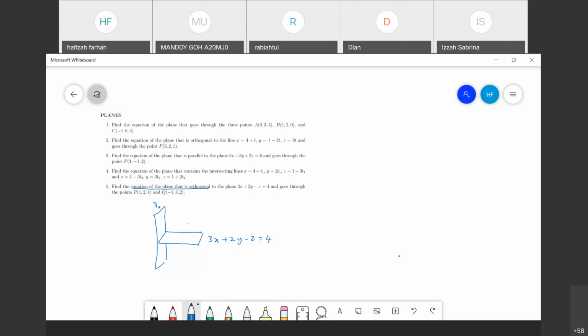So it means that, something like this, and there are points P and Q. Now we have two vectors.